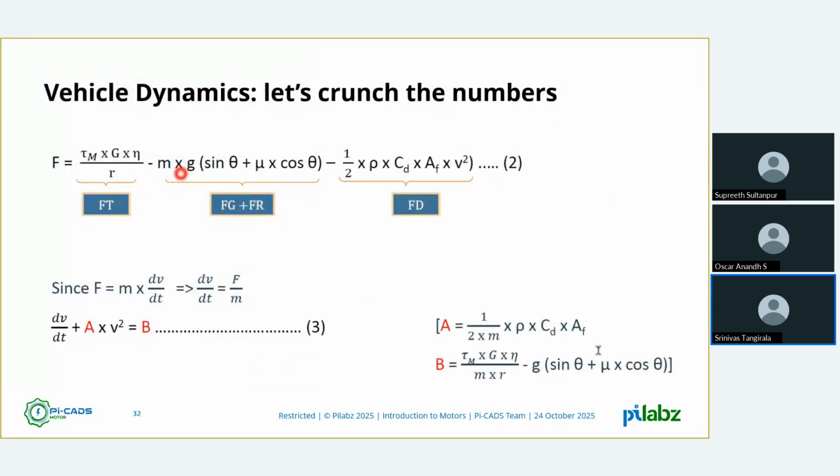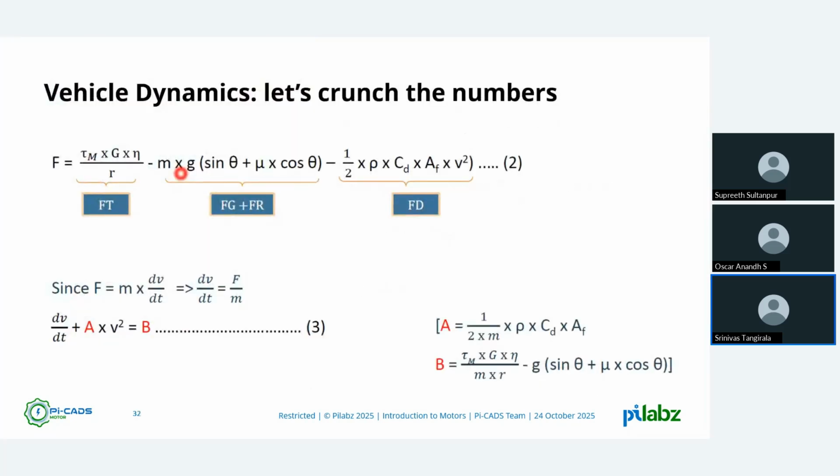Next slide, Supreet. Putting it all together in this slide, we have now a bit of math. We'll put together all these equations and do some math to arrive at what the motor characteristics should be. These are the force equations for traction force, gradient force, rolling friction resistance force, and drag force.